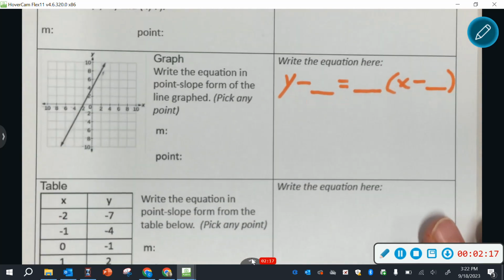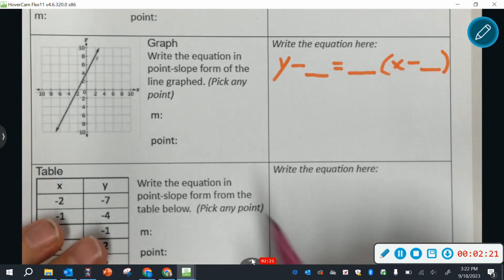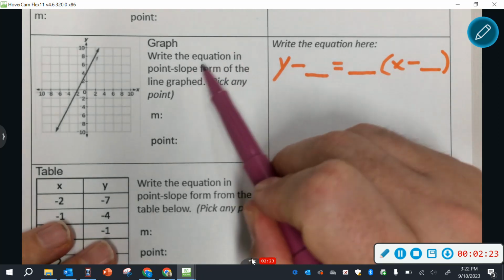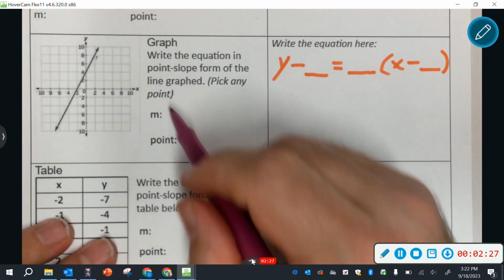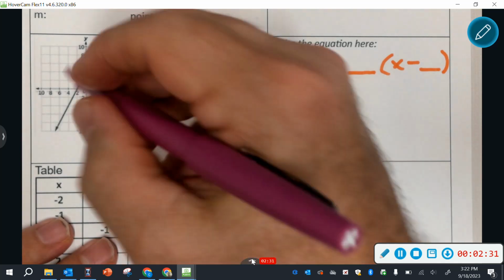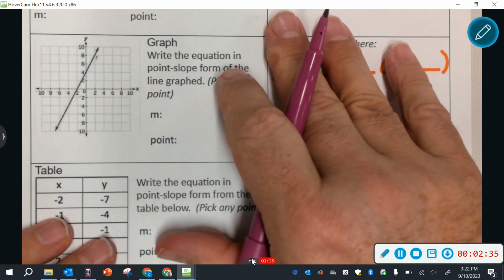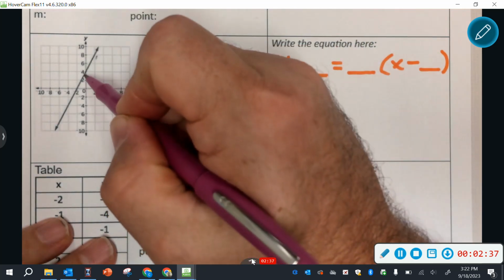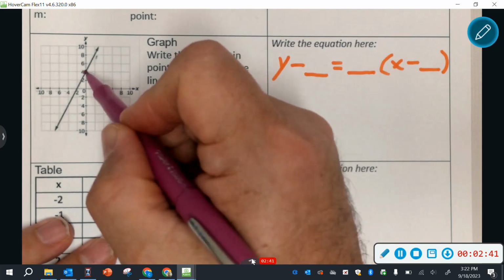So let's look down at the one with the graph. Alright, so here we have a graph. It says write the equation in point slope form of the line graphed. Pick any point. So first we need to get the slope. So the slope, we've got to pick 2 points on this line. Now one of them we're going to pick is 0 comma 4, okay, because it's a whole number point.